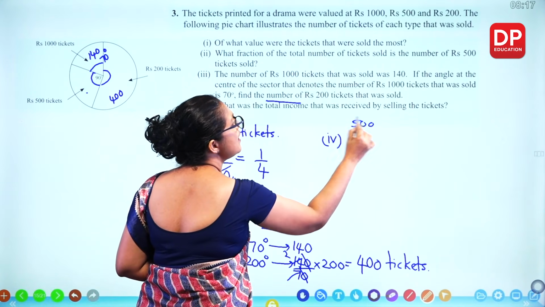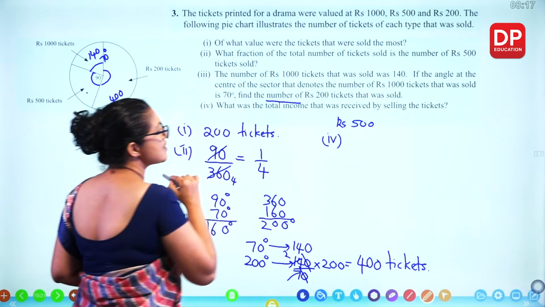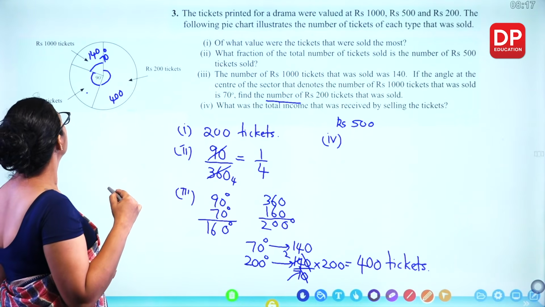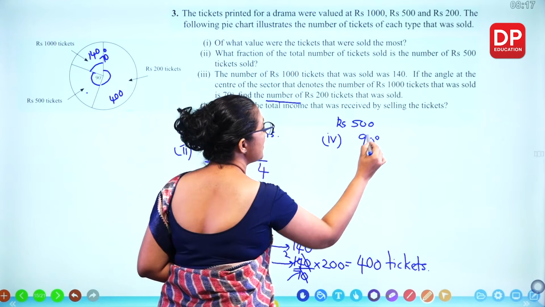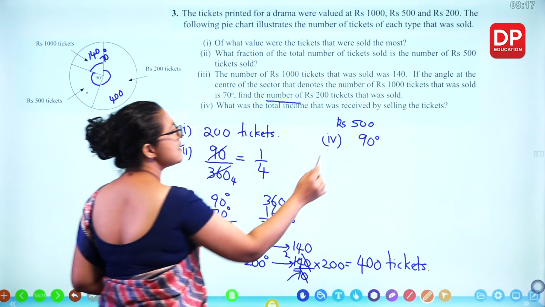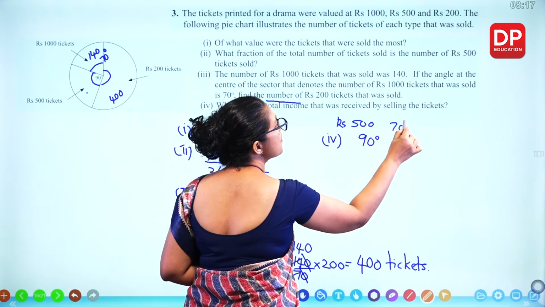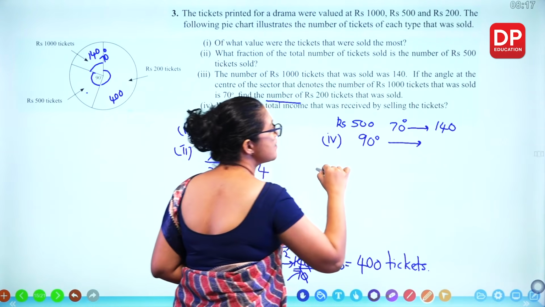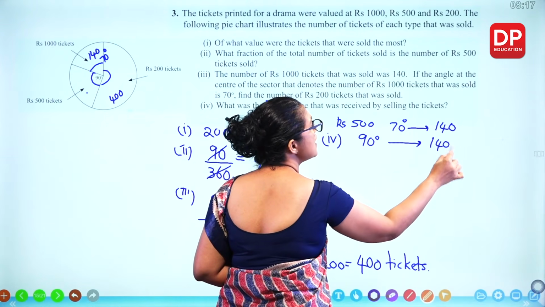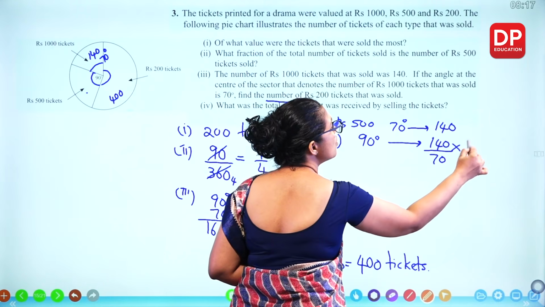We'll first find the 500 rupee tickets. How many tickets sold? There. So here 90 degrees you need to find out. But we know 70 degrees represent 140 tickets. So what about 90 degrees? 140 divided by 70 into 90.